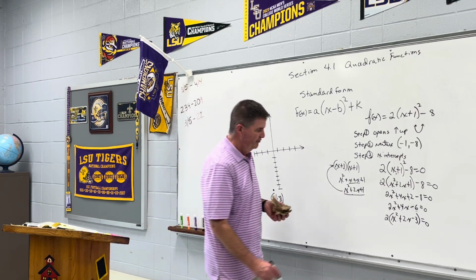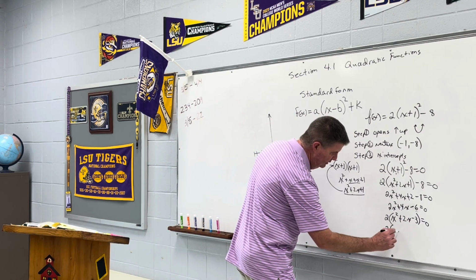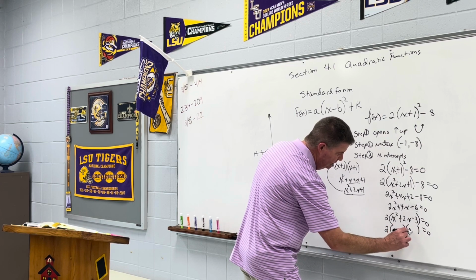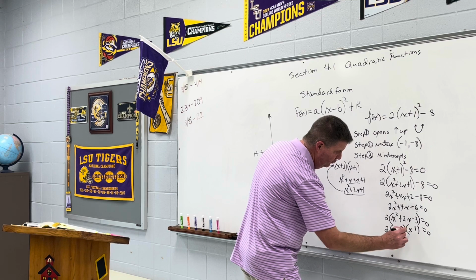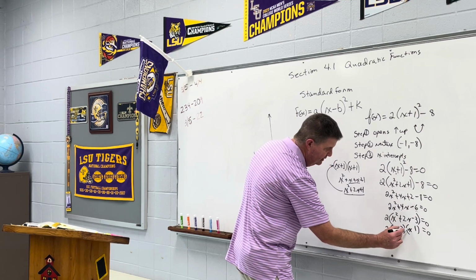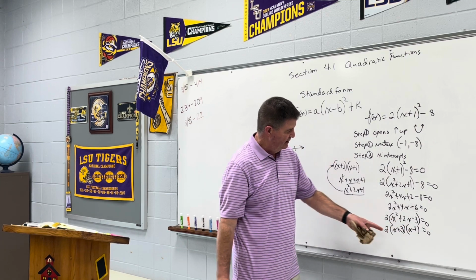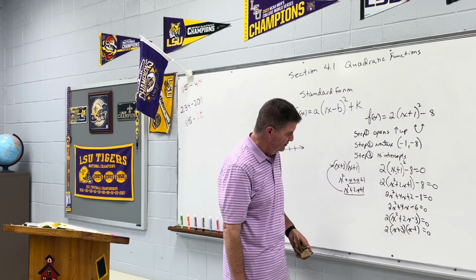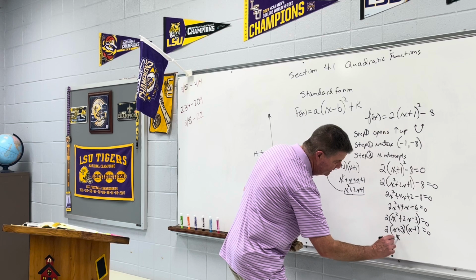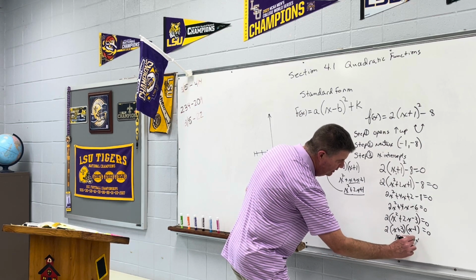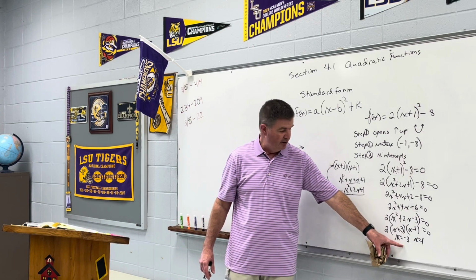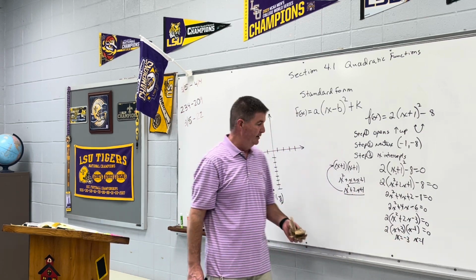And now factor this, giving me x and 3 and 1 and plus and minus, because I need numbers that multiply to give me -3 but add to give me +2. Therefore, x equals -3 and x equals +1. So my x-intercepts are -3 and +1.